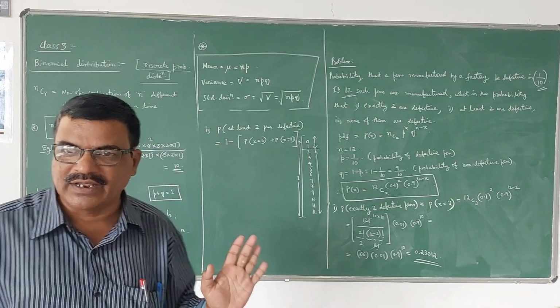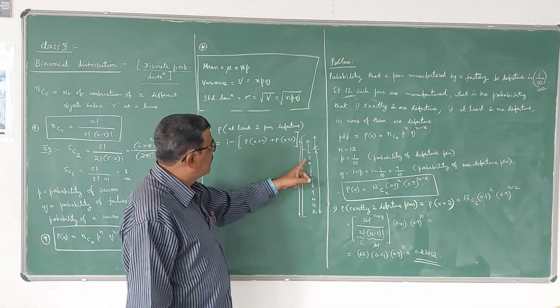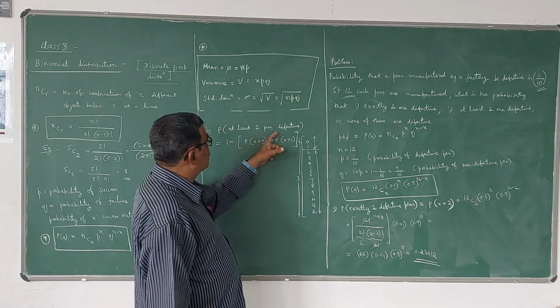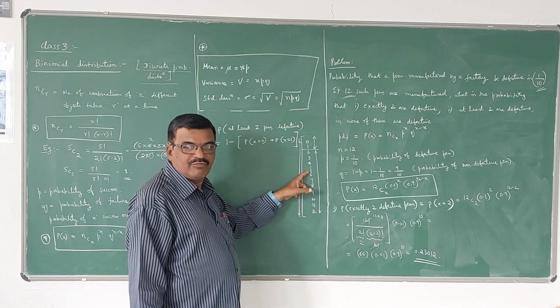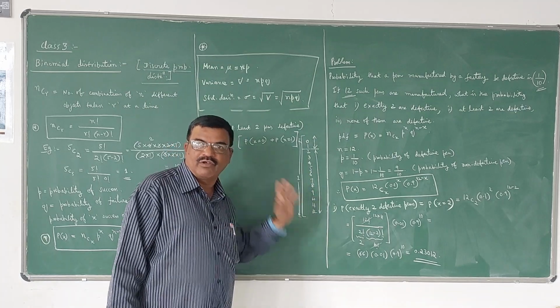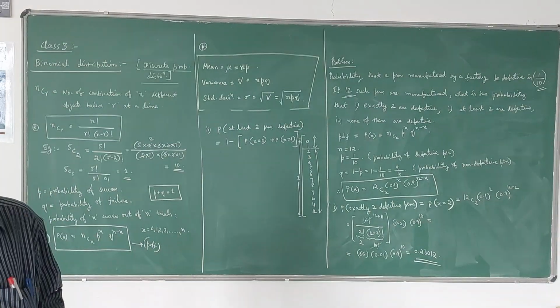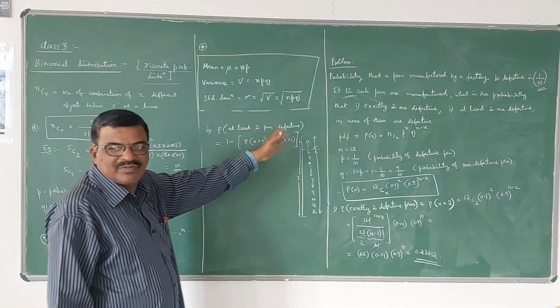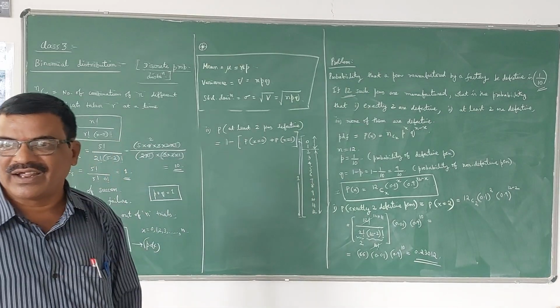It is all simple actually. Otherwise, you can find this in another way also. P of at least 2 pens defective means it is P of 2 plus P of 3 plus P of 4 plus P of 5 plus P of 6 up to P of 12. Instead of doing that, you subtract from 1 the other things. That is why P is equal to 1 minus Q ಅಂತ ಹೇಳೋದು. ಅರ್ಥ ಆಯ್ತಾ?